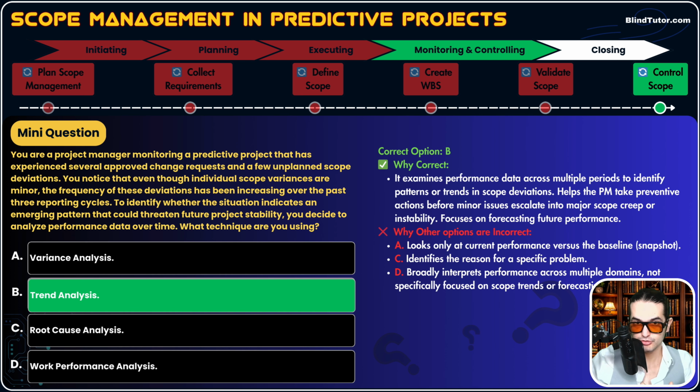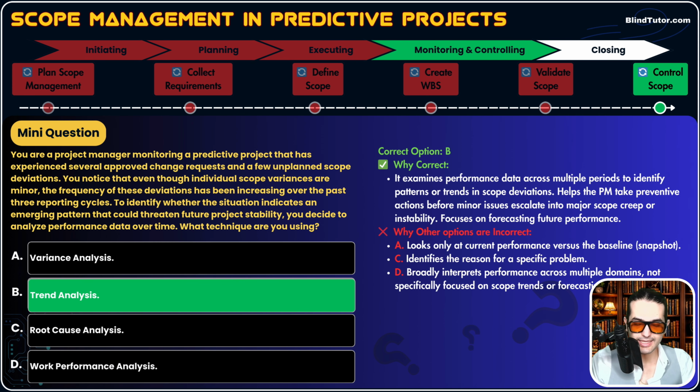Pattern means trend. Trend analysis helps the PM take preventive actions before minor issues escalate into major scope creep or instability. It's a good thing that all of those variances were minor, but if you as a PM don't take preventive or corrective actions, those minor little things will become big issues for your project.